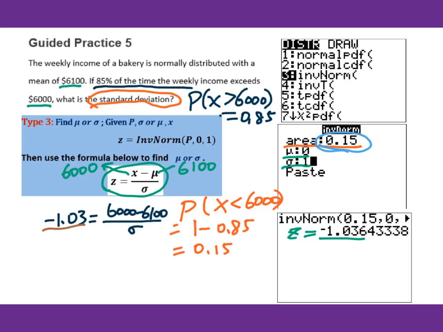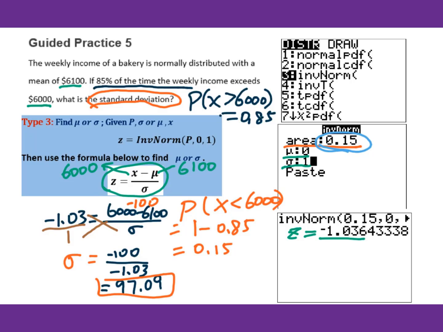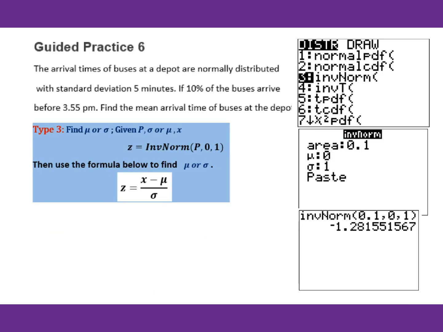We do cross multiply. 6000 minus 6100, that is negative 100. So sigma equals negative 100 over negative 1.03. Your answer will be 97.09.